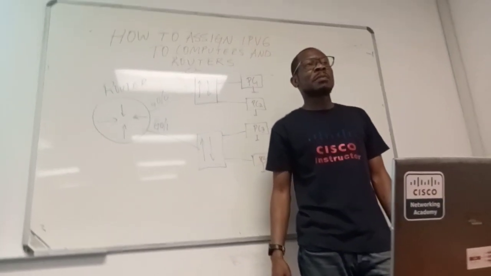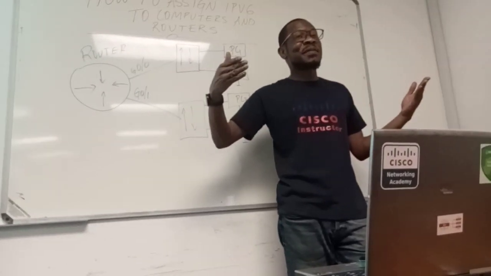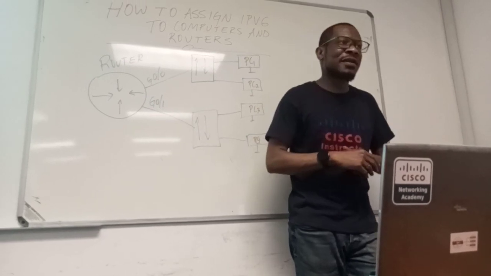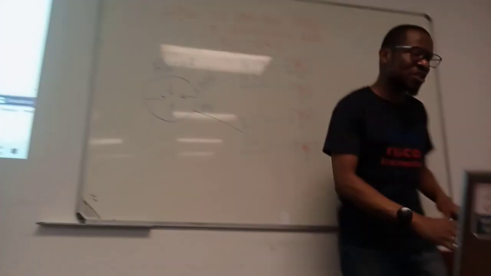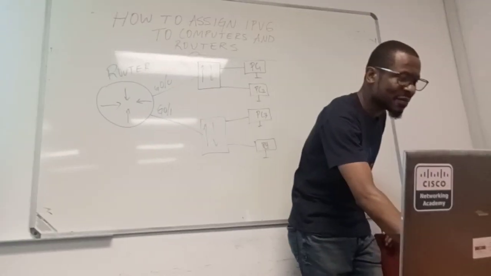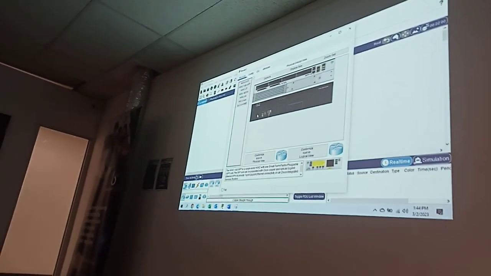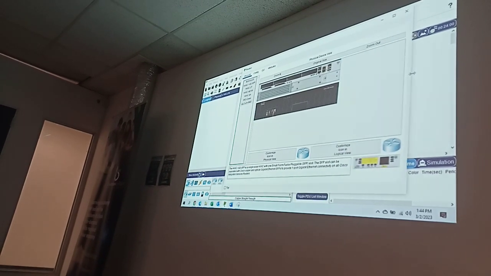Most of the time we call them the 29 series, because the numbers can change, but it is the 2900 series. If you want to learn more about your device, you can just click on top of the device, and you can have a look at how the device looks like.